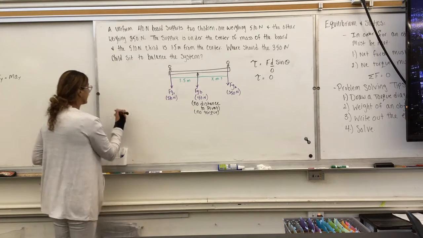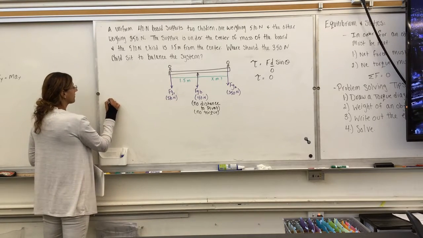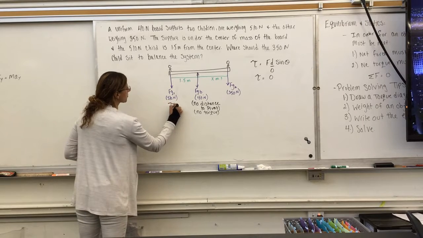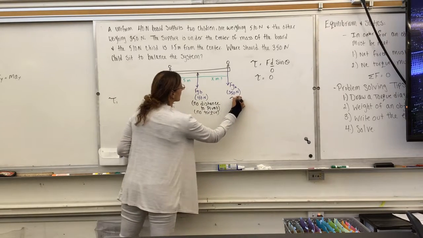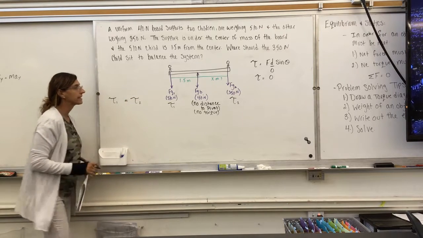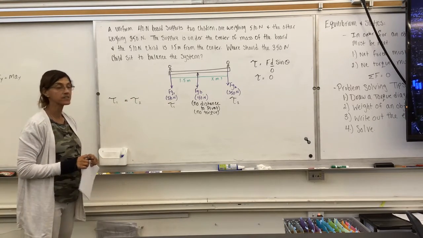Okay? So meaning, I can say torque 1, which is this torque, has to equal torque 2. If that thing is not going to move, they have to exert the same torque.